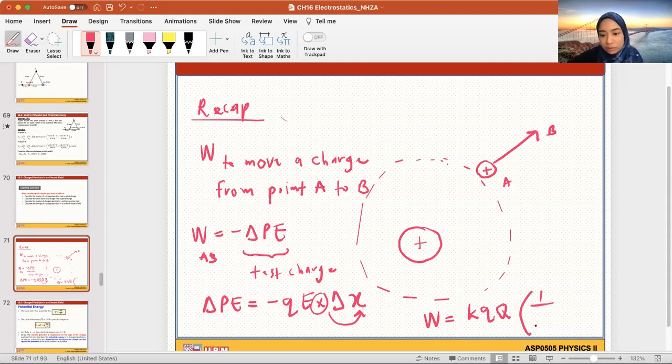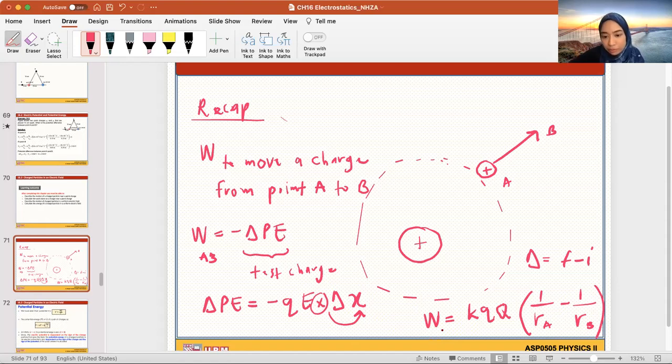So it's 1 over R initial minus 1 over R final, or R_A to R_B, which is reversed, right? Usually delta is final minus initial. Here we start with A and minus with B, which means that we go from initial to final, reversed. So this is not really a delta, but it looks like a delta, but it's not, so it's weird. So this is the tip to remember it, it's weird, okay?